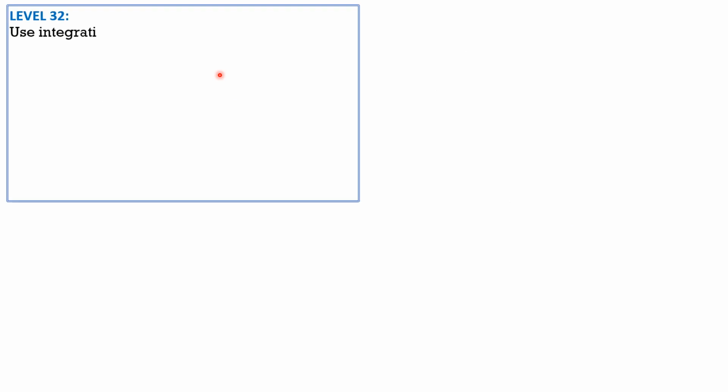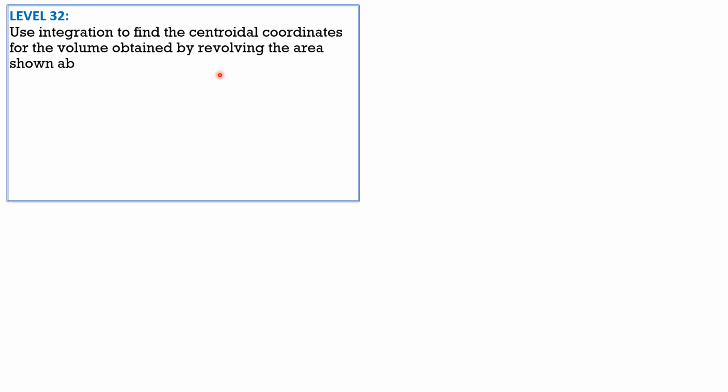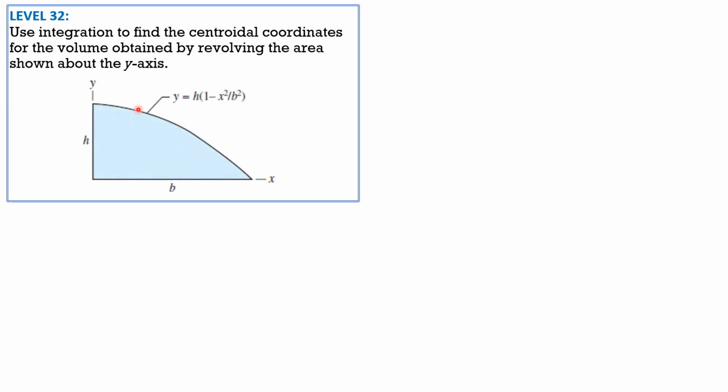Level 32, use integration to find the centroidal coordinates for the volume obtained by revolving the area shown about the y-axis. So this is the figure. If we revolve this about the y-axis, it will generate a paraboloid of revolution, and you know that the volume of a paraboloid of revolution is 1/2 the volume of the circumscribing cylinder.